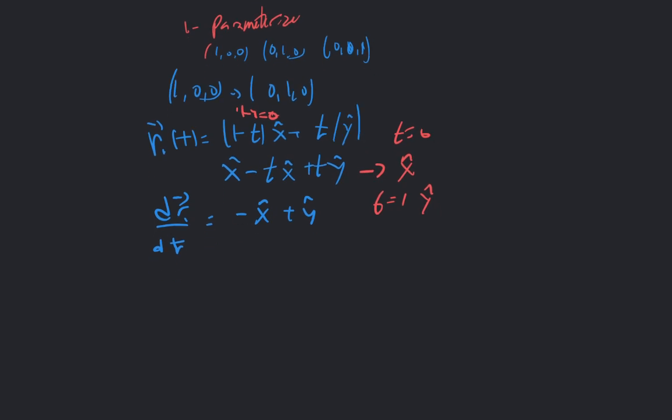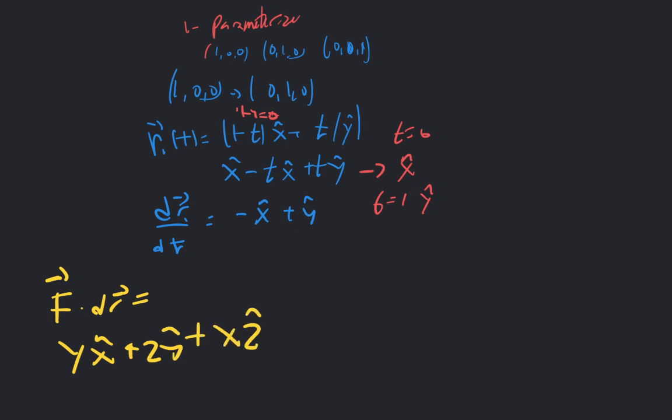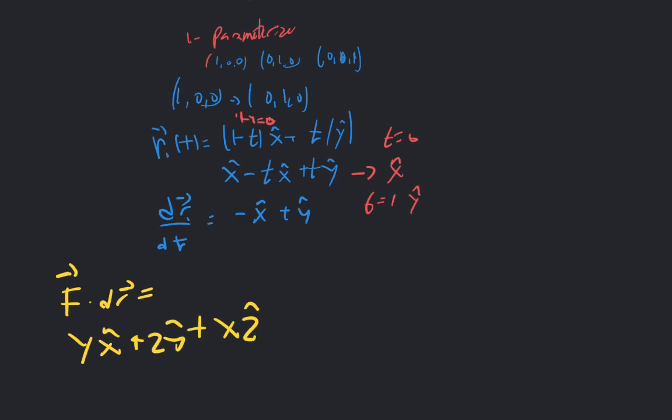So then we could do f dot dr. So we have y x unit plus z y unit plus x z unit. We said x was 1 minus t and y was t.